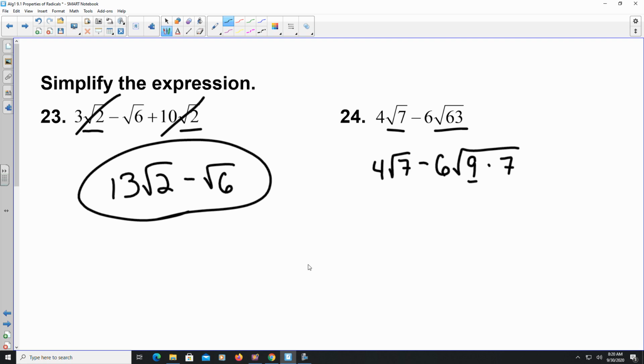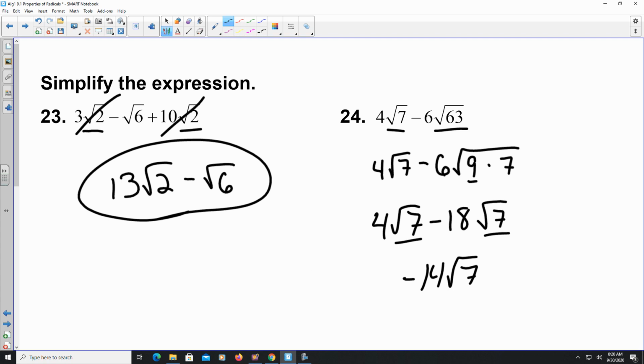Thankfully, 9 is a perfect square number. Square root of 9 is 3, but 6 times 3 is 18, so now I have square root of 7 here. Now I have the exact same stuff. I can take 4 minus 18, which gives me negative 14 times the square root of 7.